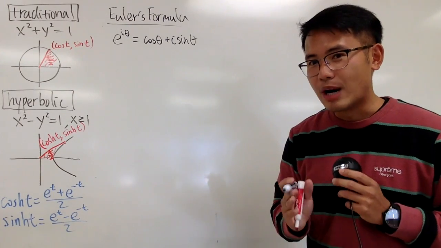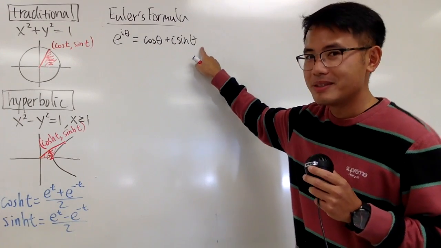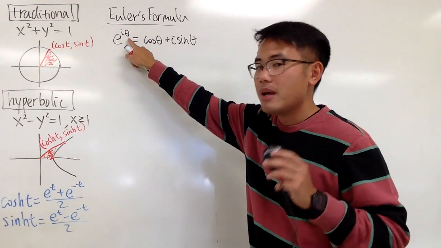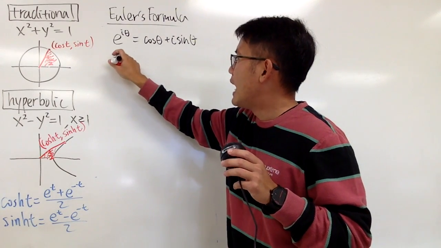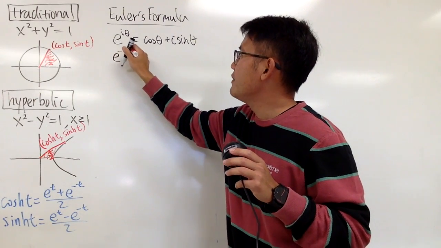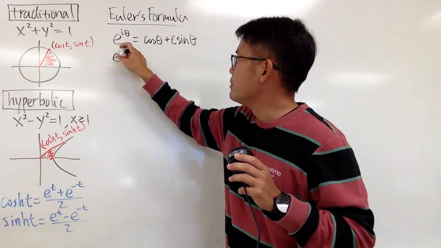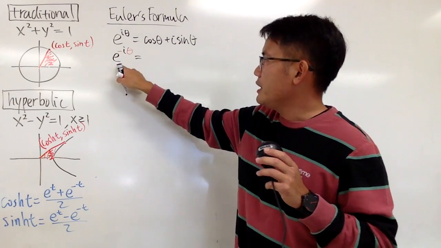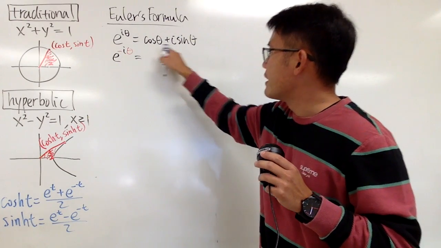And now I will show you how we can come up with the complex definitions of sine and cosine by using this. As we can see here, theta is our input, and the next equation I'm going to write down is that I will plug in negative theta as my input. And I still have the i, and let me just put it here. So for e to the negative i theta, I just have to plug in negative theta into that theta.